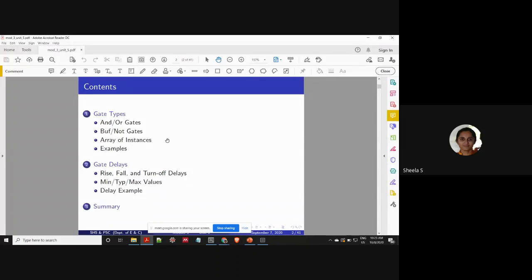When we have that knowledge, then we can use this particular gate while writing gate level modeling. And also, when we are considering a practical gate, in the simulator you need not necessarily give delay and all, but when I consider the practical gate, every gate will have its own delay.